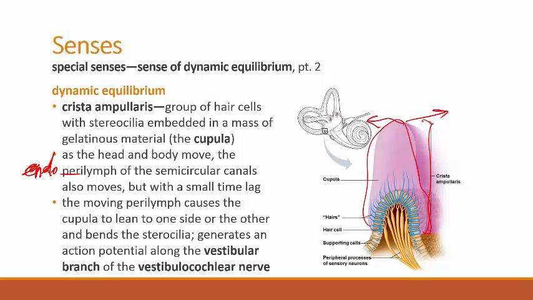And as the cupola deflects, then if there's enough bending in the stereocilia, it'll generate an action potential again along the vestibular branch of the vestibulocochlear nerve.